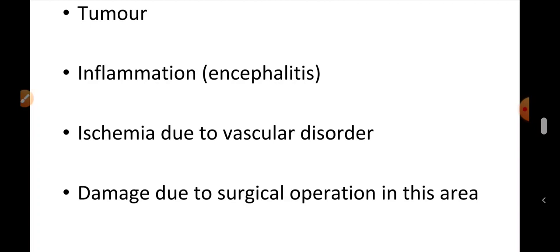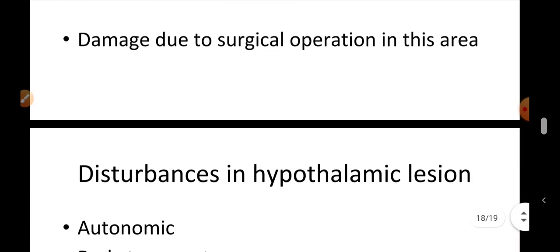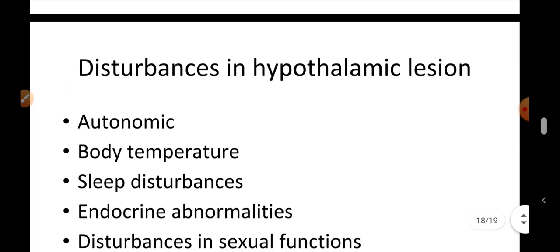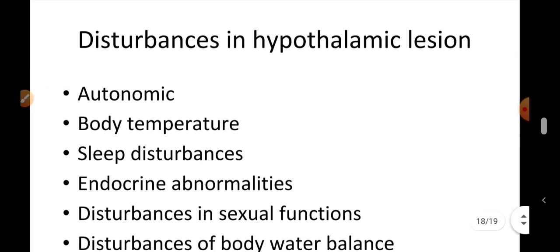Because of these lesions, you will get disturbances in the autonomic functions, disturbances of body temperature regulation, and sleep disturbances due to lesion in the mammillary body and the anterior hypothalamus. Endocrine abnormalities, for example hypogonadism and hypothyroidism.